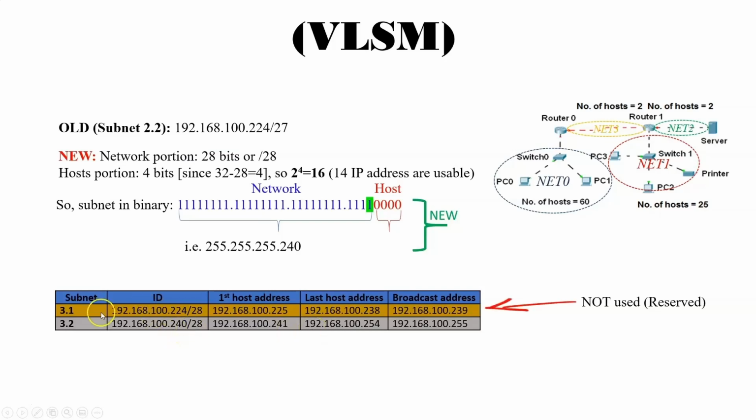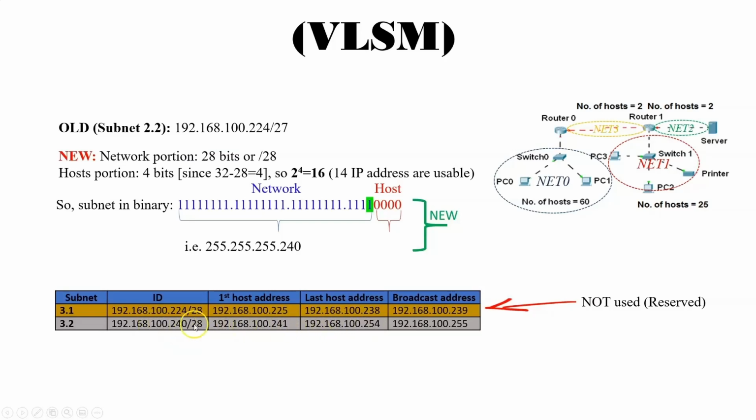So we can leave this because it has 14 usable IP addresses. We don't need that many. I can further subdivide. See, we need only 2 and 2. So I can further subnet this subnet and try to create subnets of required or close to 2 and 2 size. Okay, so this particular subnet is too big.